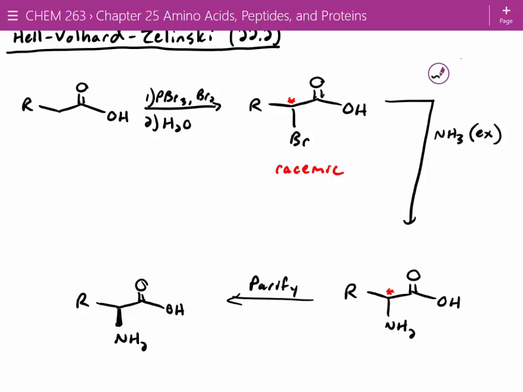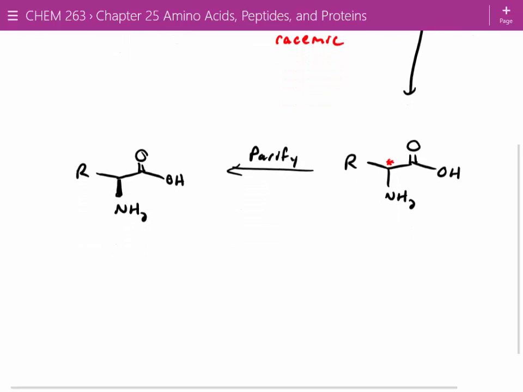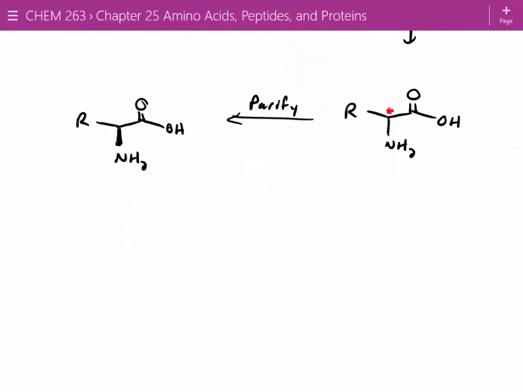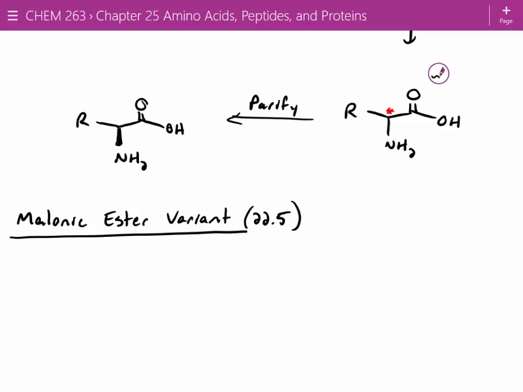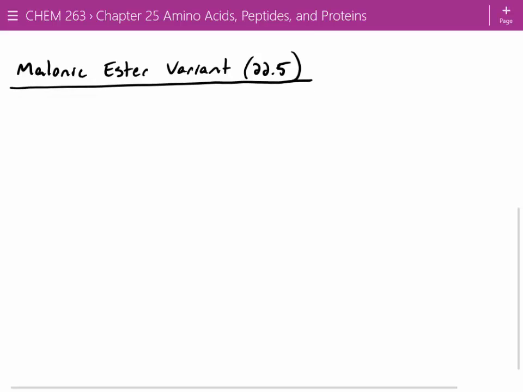All right, we've got one last one I'll show you guys, and then I'll let you enjoy the sunshine. This is a malonic ester variant. All right, this again was from chapter 22.